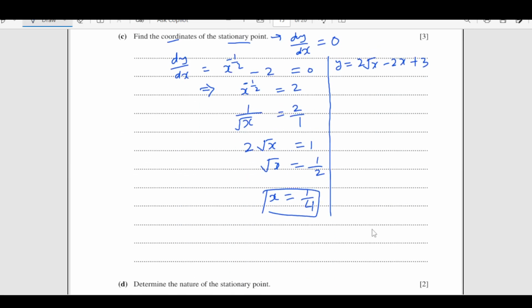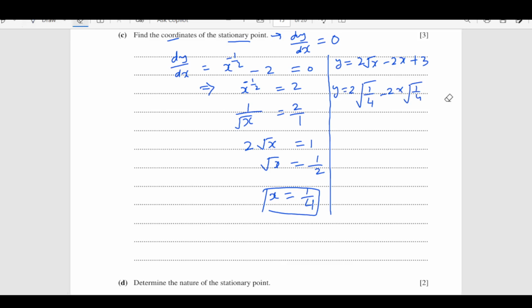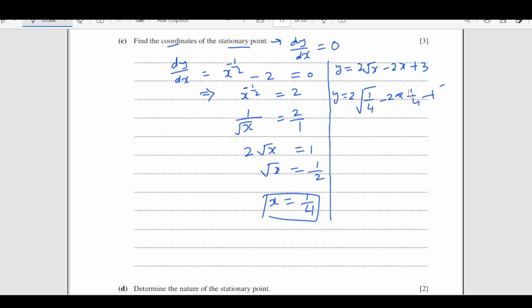We will substitute the value. y is equal to 2 times the square root of 1/4 minus 2 times 1/4 plus 3.